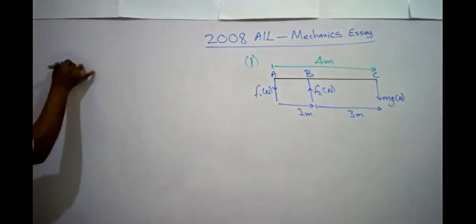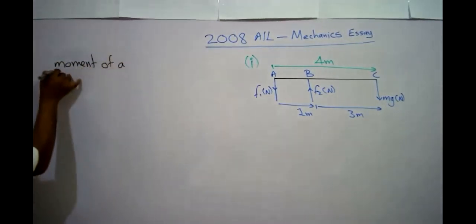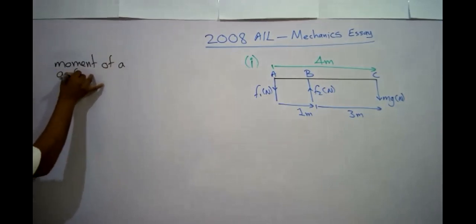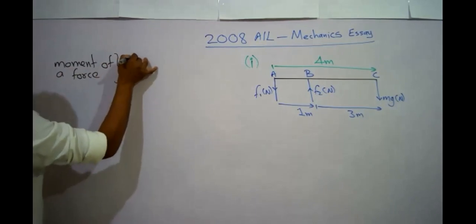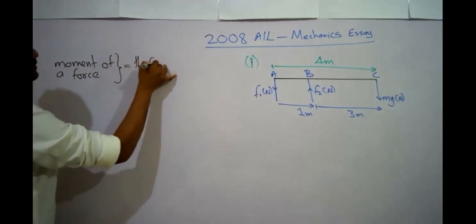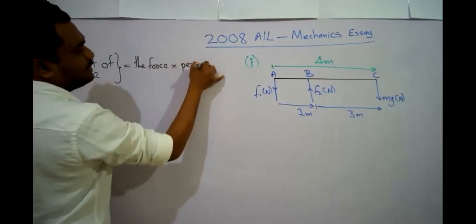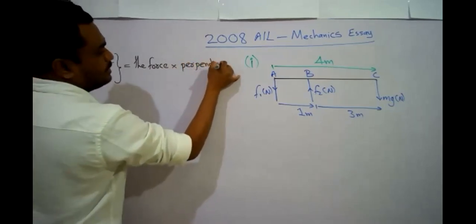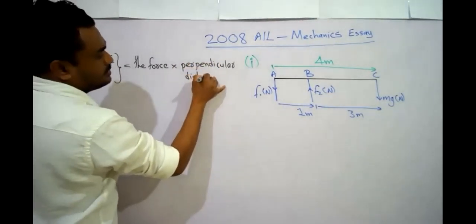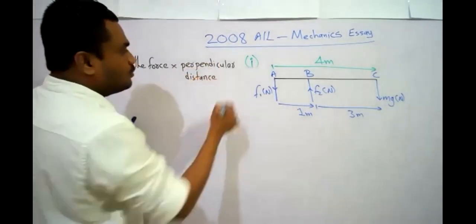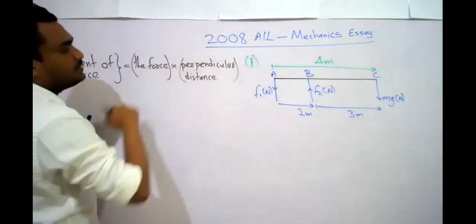The moment of a force is defined as the force into the perpendicular distance from the axis of rotation or point of rotation, but that's not the important factor, right?